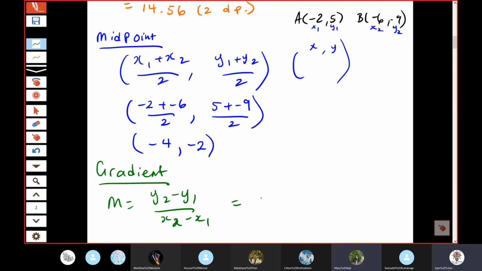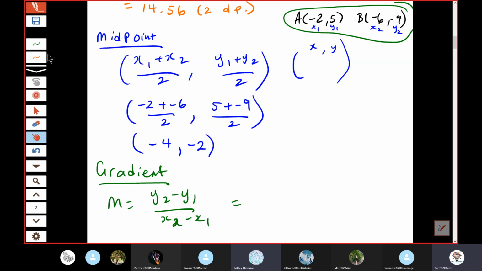Yep, go ahead. y2. What does y2 equal to? No. Do you know what y1 equals to? 5. Good job. So then what's y2?